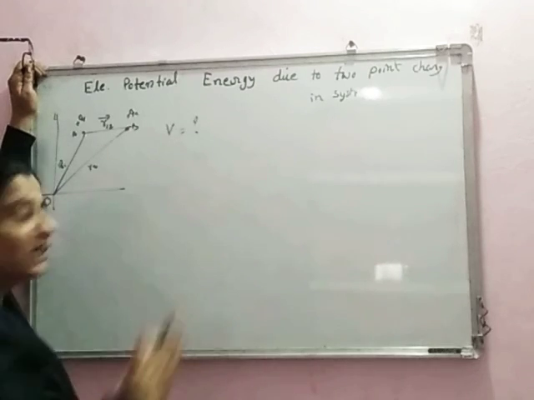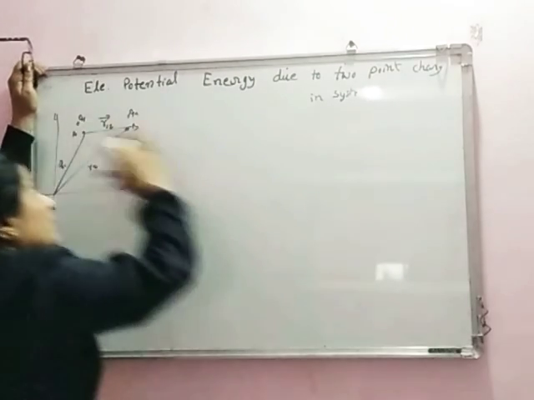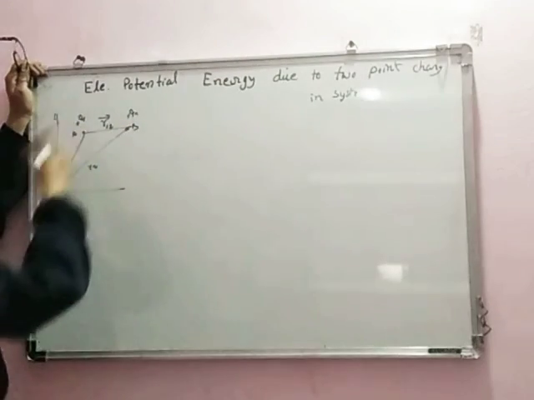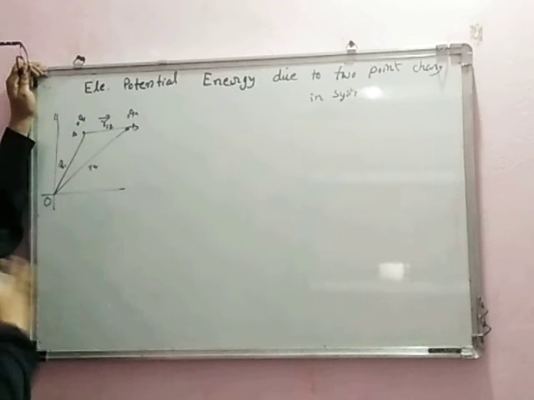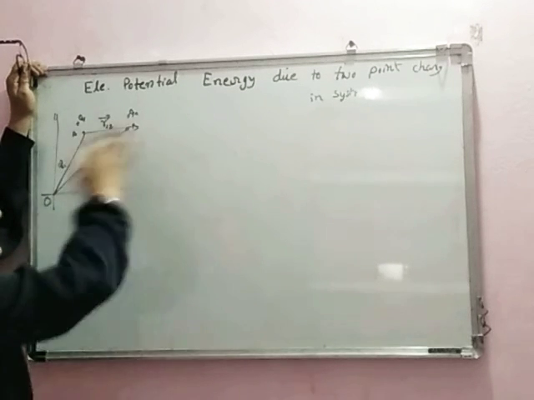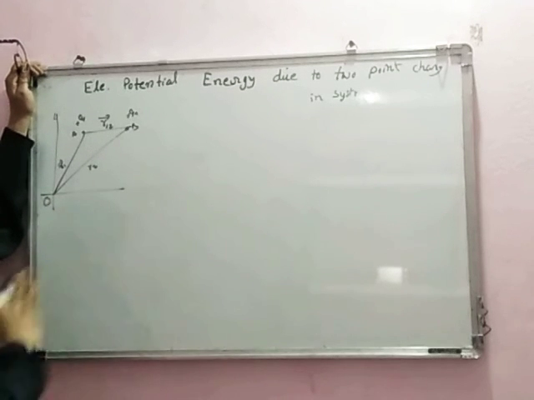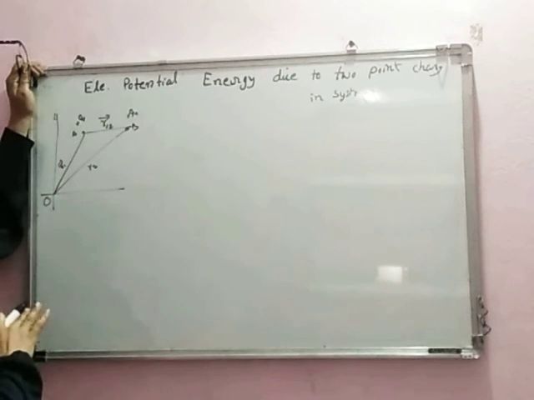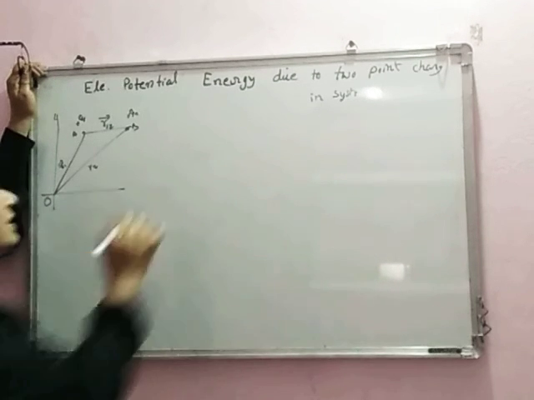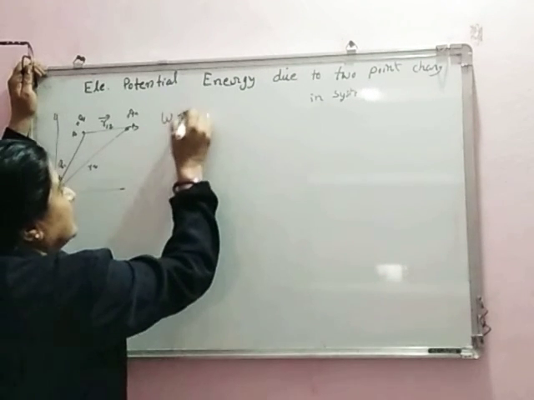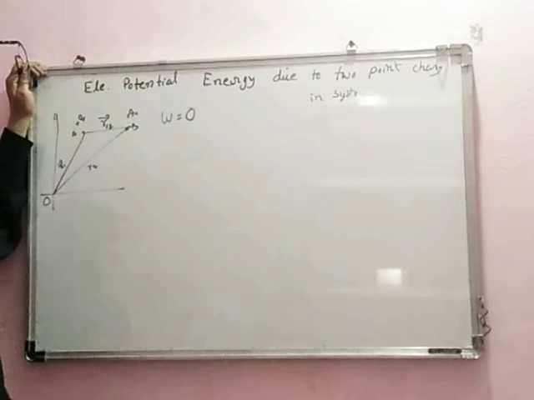So here for Q1, there is no electric potential in the system, so there is no opposition for bringing the charge from infinite distance to the point A. That's why the work done is 0. The work done is 0, right?